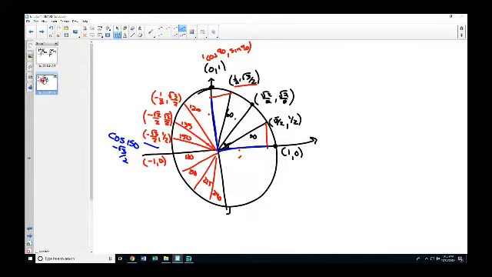What is the secant at 150? Negative 2 root 3. Right? Because they're reciprocals. So the reciprocal of that is secant at 150. And you would want to simplify that, so negative 2 root 3 over 3, right?